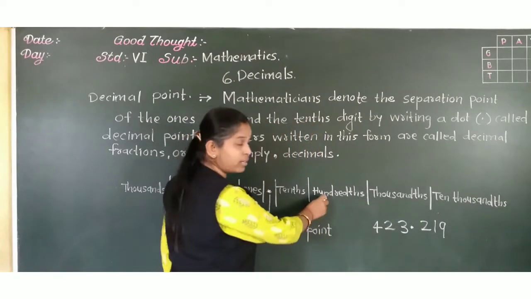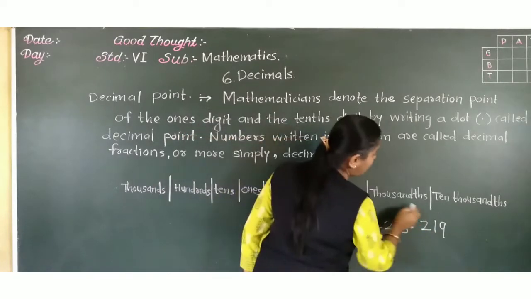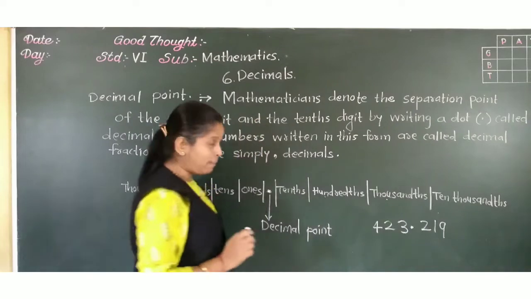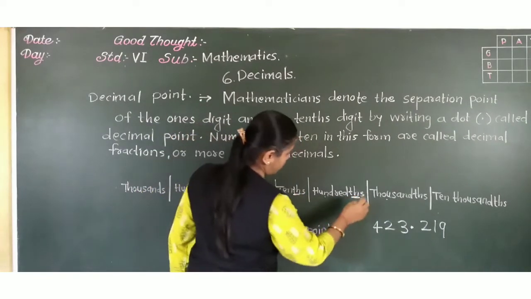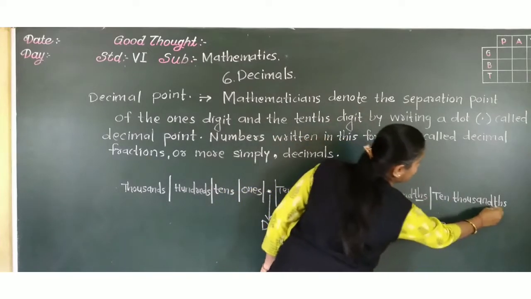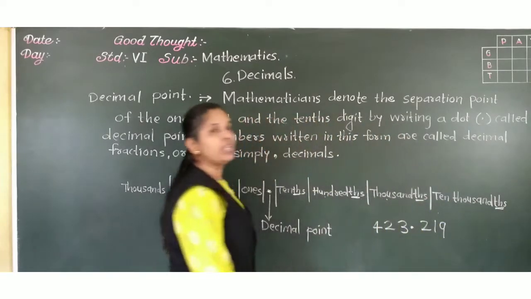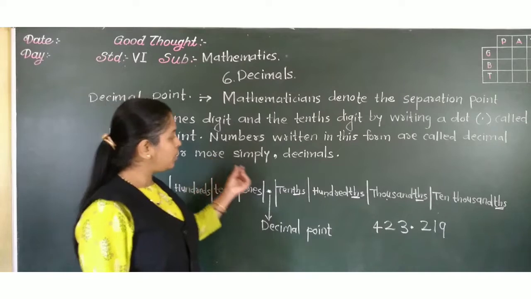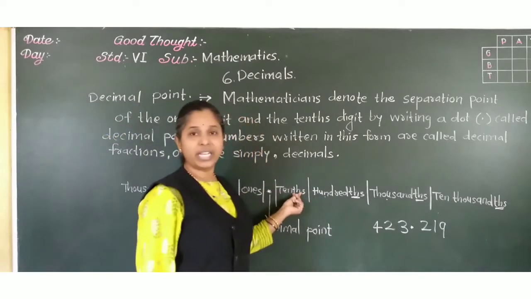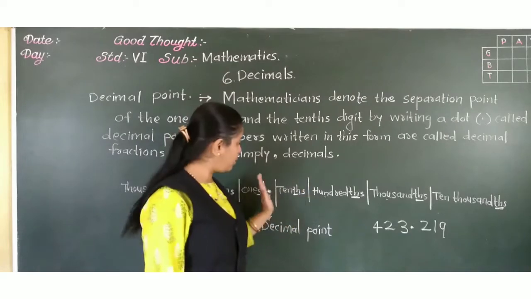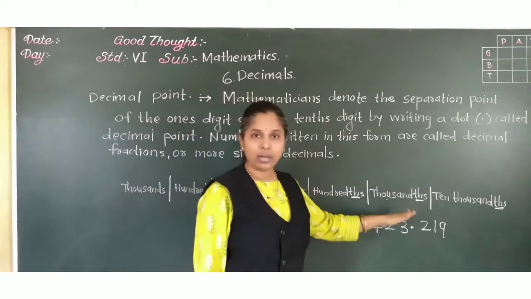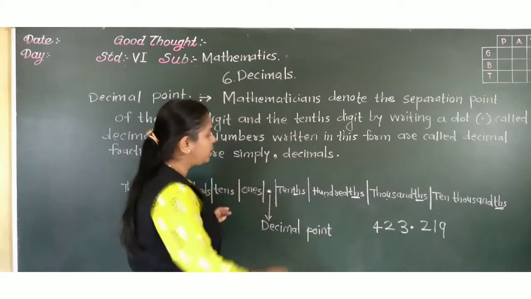One is at hundredth place. 9 is at thousandth place. Here, we have to add the TH to the numbers which are at the right side of the decimal point.